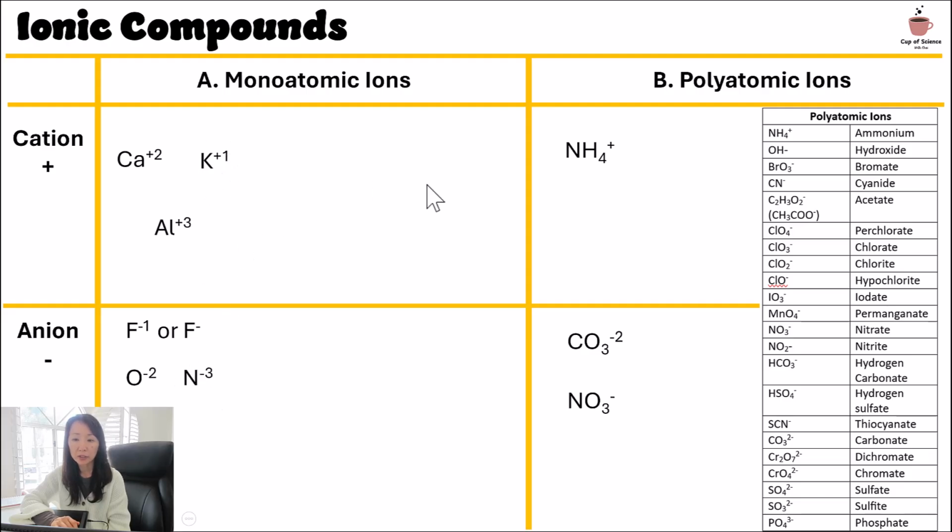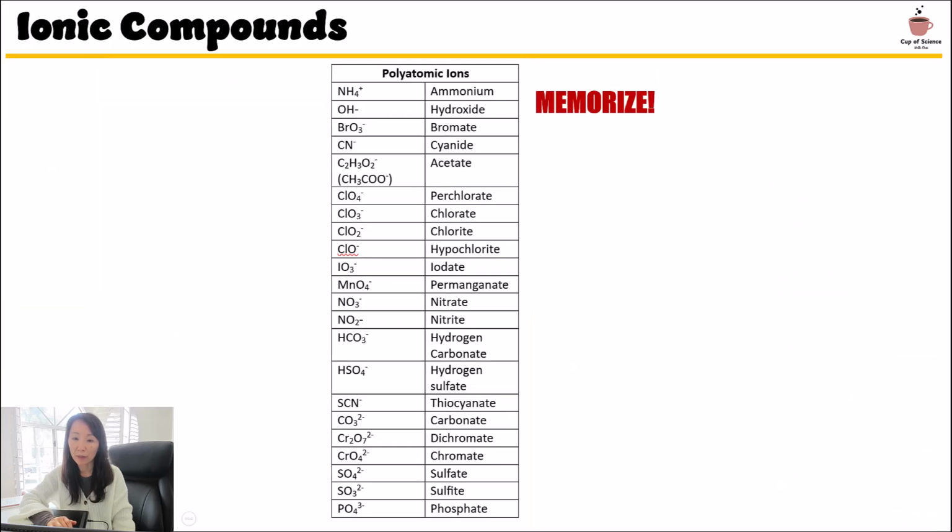A combination could be from a polyatomic to a polyatomic, or the monoatomic positive and the negative of the polyatomic, or the positive of the polyatomic and an anion. So the combination of any one of these, between a positive and a negative, will form what is called an ionic compound. I can't emphasize enough to memorize these polyatomic ions.